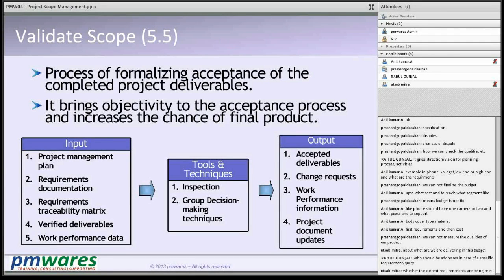The next step is validate scope, which is a part of monitoring and control. So what do we do in validate scope? In execution, we produce deliverables, which we already discussed in integration. What happens once the deliverable is produced?